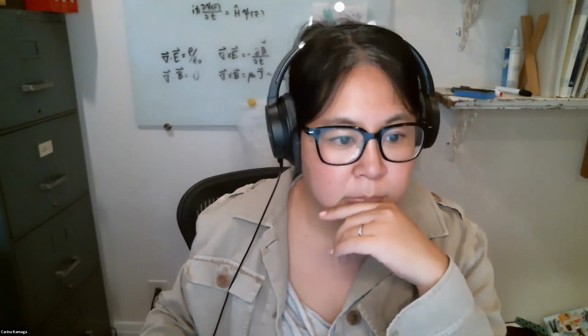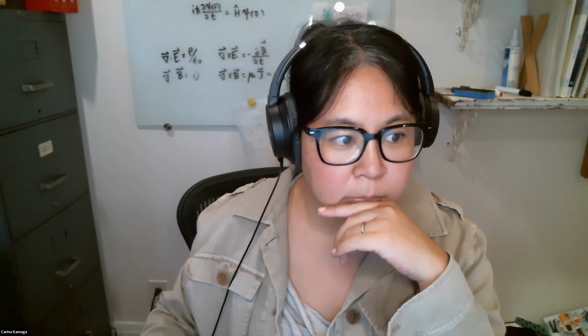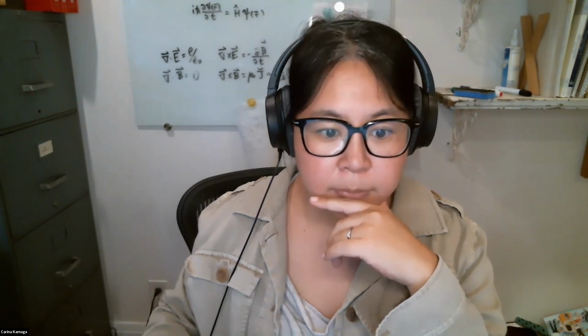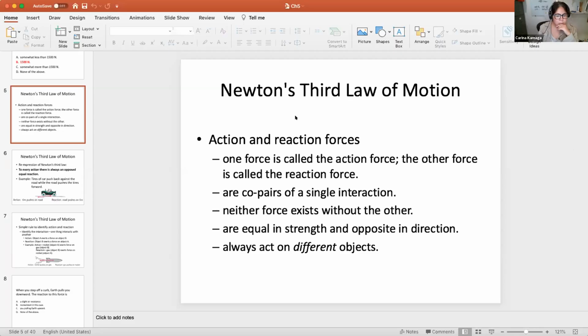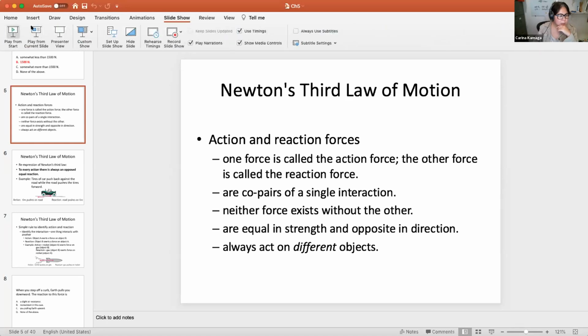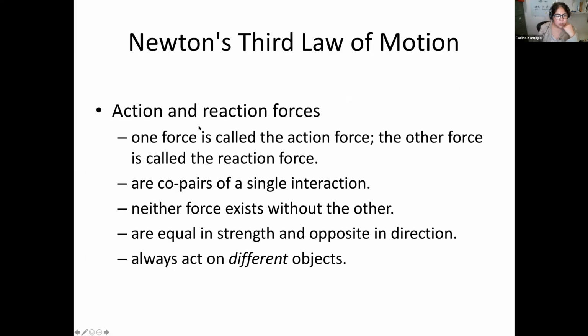Let's share this one. Here, you see that forces are action and reaction forces. One force is called the action force. The other force is called the reaction force. They're co-pairs of a single interaction.